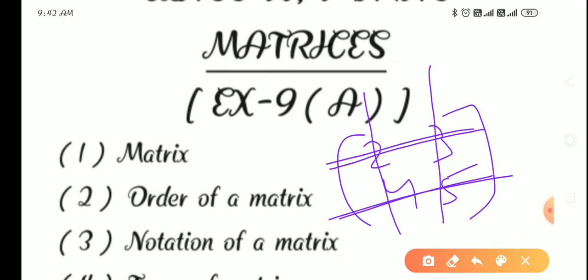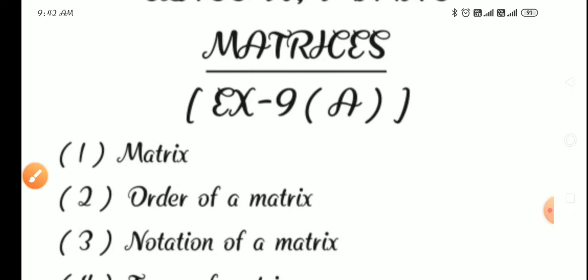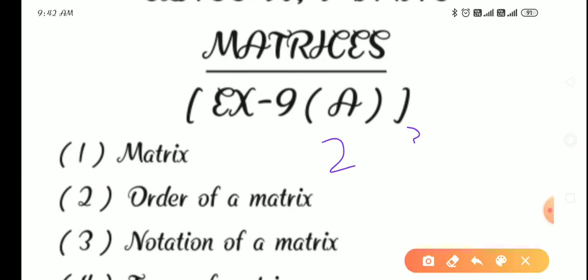So one more time I am telling you, a rectangular arrangement of numbers arranged in rows and columns is called a matrix. Like this you can also take a matrix 2, 3, 4, 5, 9, 0.